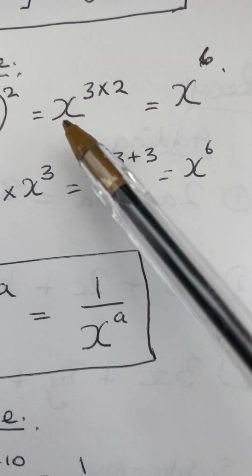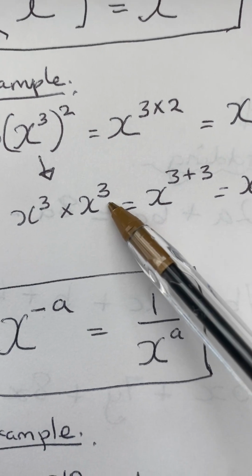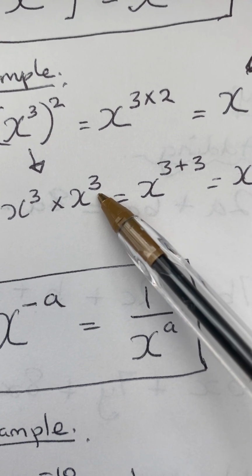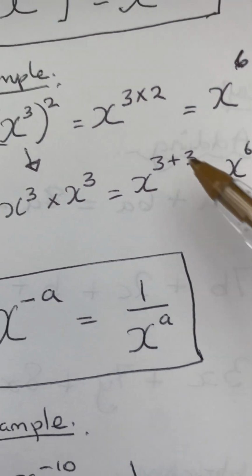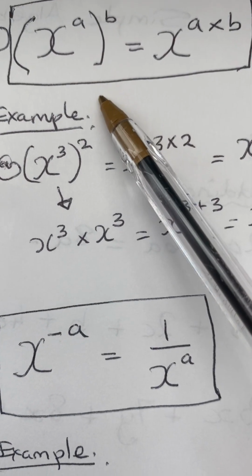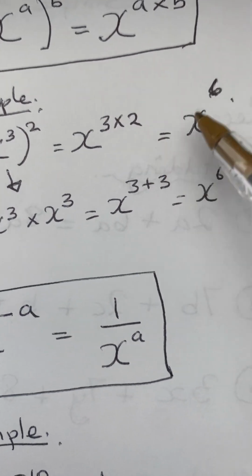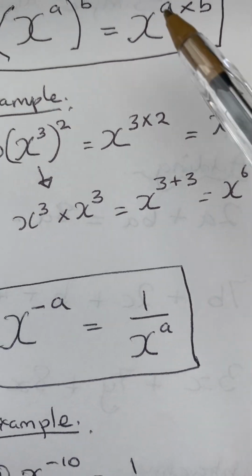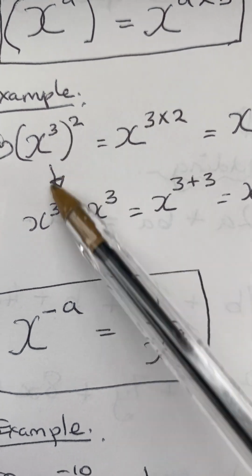So here you go, x to the power 3 times x to the power 3. 3 add 3 is 6. If you know this rule, you can use it straight away to get your 6. But if you don't know this rule, you can break it down this way.